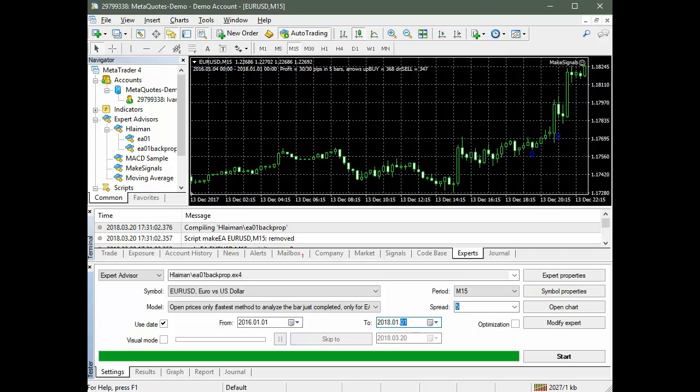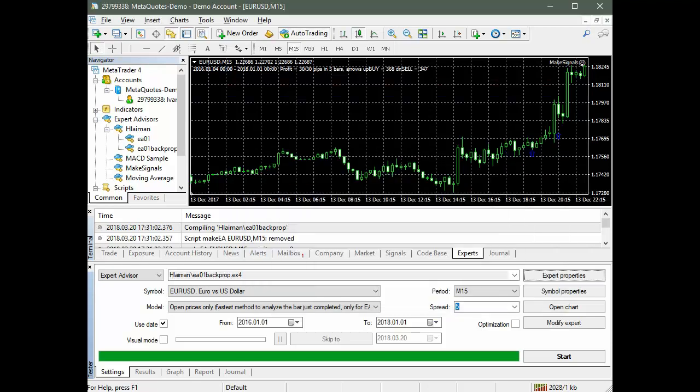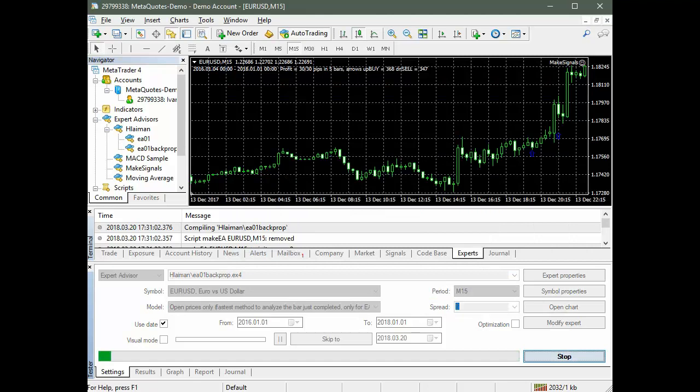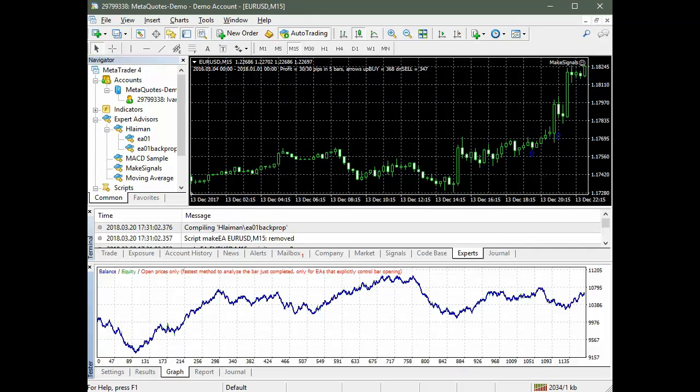Third, we select the testing period equal to the period in which the neural network was trained. We select the parameters of the expert advisor identical to the expert advisor created on the basis of PNet. Then we will run the test.